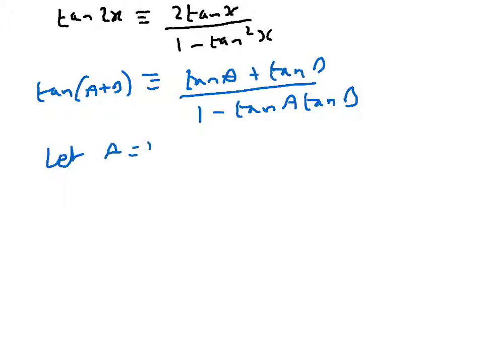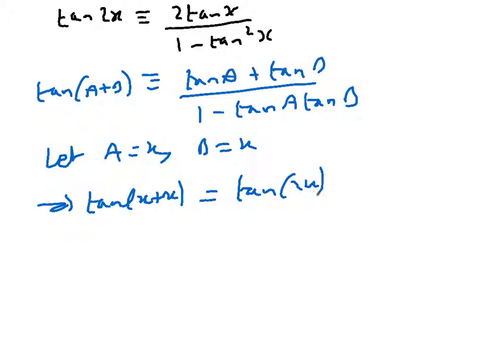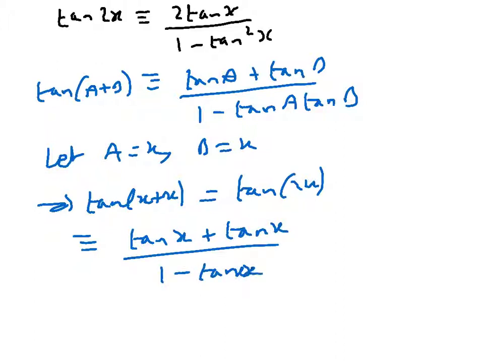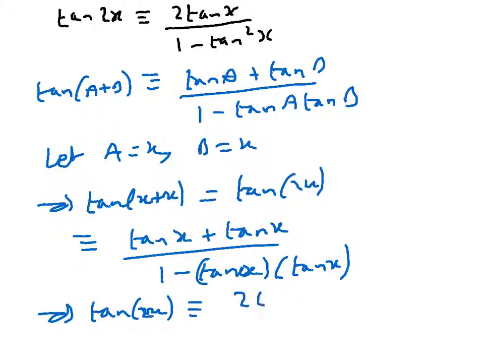Again, let a equal x and b equal x, which implies that tan(x plus x), which of course is tan 2x, is always equal to (tan x plus tan x) over (1 minus tan x times tan x), which gives me tan 2x is always equal to 2 tan x over 1 minus tan squared x.